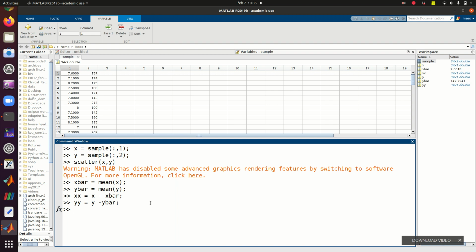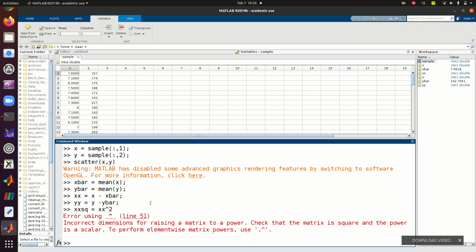What else do we need? We need xi minus x bar squared. Last time I told you, we are going to do xx squared, but we cannot just write xx to the power 2, for reasons I explained last time.